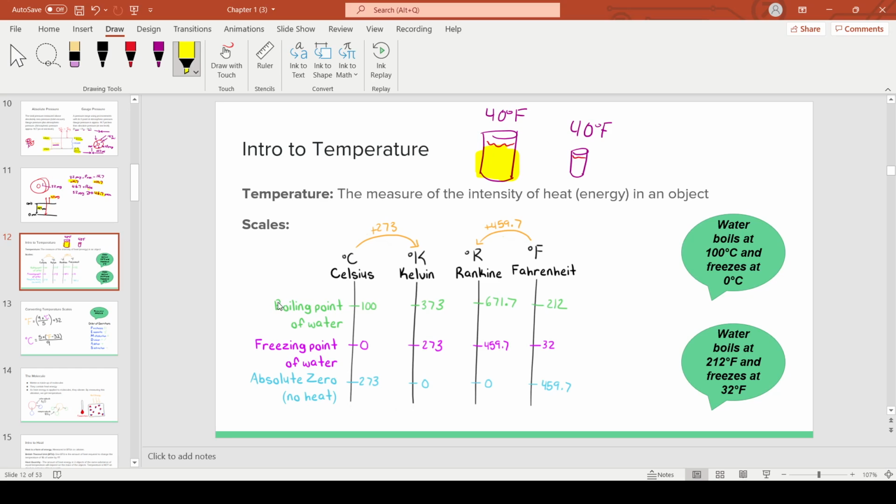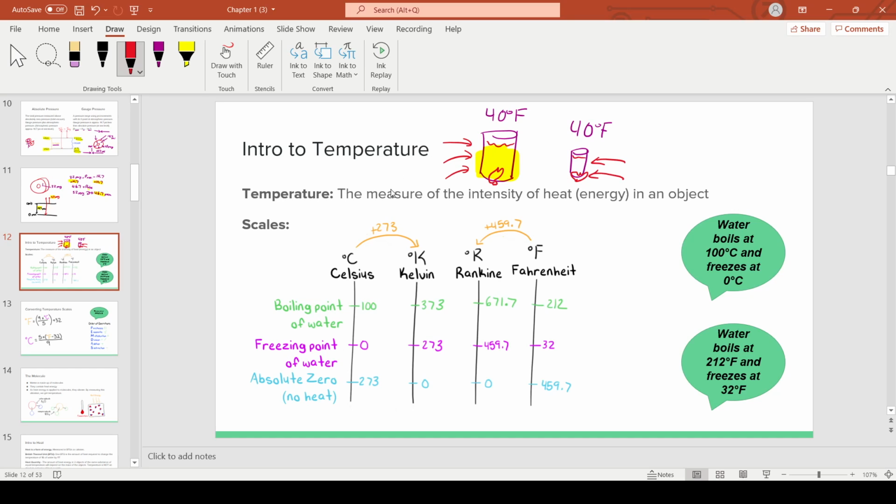Okay? If you stick it on the stove, right? You stick a fire under it, right? You're gonna have to put more energy into heating this one up to 40 degrees, or whatever temperature you're trying to heat it up to, than you are gonna have to put into this one. Okay? Because there is a bigger quantity of it, right?